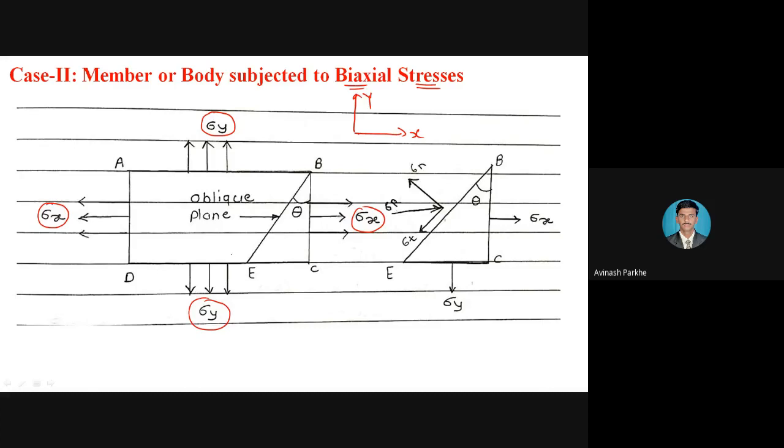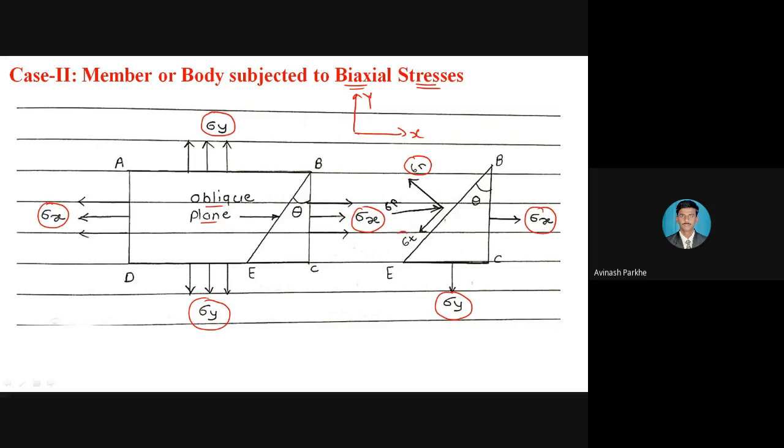Again here, one inclined plane is there, which is called the oblique plane. That oblique plane has made an angle theta with the vertical plane BC. At the right side, the same figure is represented in triangular form. That is, sigma x is applied here in the horizontal direction, sigma y is applied in the vertical direction, and on the oblique or inclined plane, again sigma n is there, which is perpendicular.